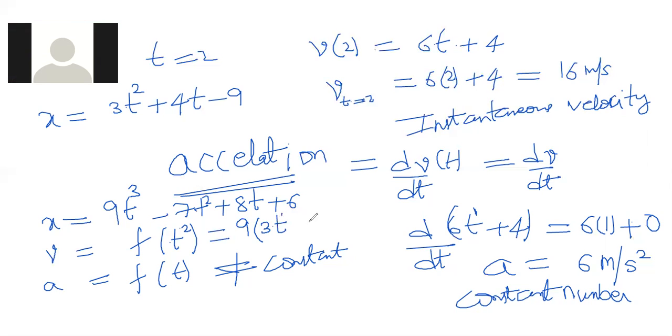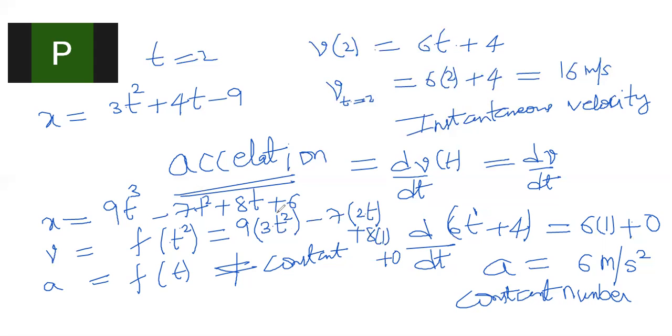Yes, correct. Minus 7 into 2t power 1. Yes, very good. Plus 8 into 1, plus 0. This is what you will get. See, this is having t square or not?